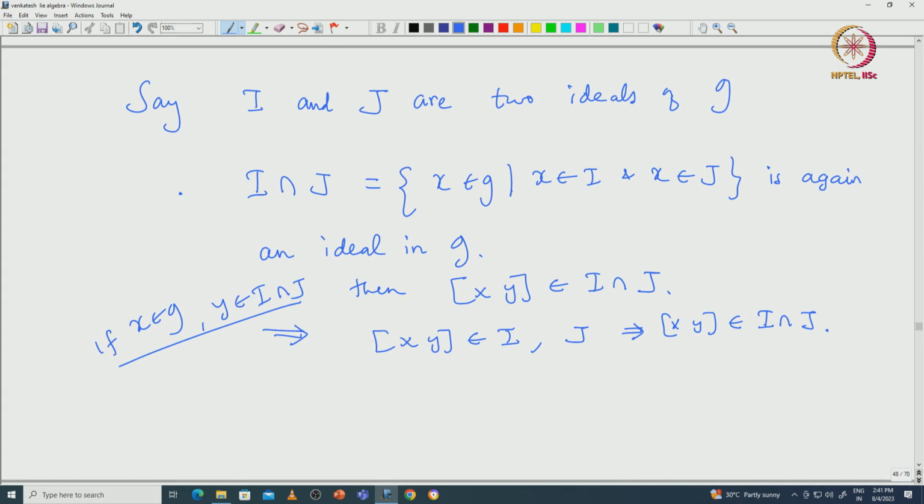These arguments hold for any family of ideals. I will leave that as an exercise.